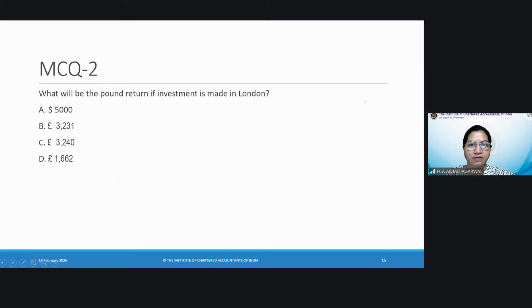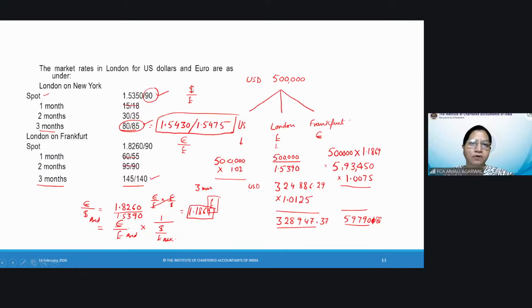Next, if we make the investment in London, so first convert the 500,000 USD into pounds. So you need to sell the dollars or buy the pounds. When you want to buy the pounds, ask rate would be applicable. So once again, 500,000 divided by 1.5390, 324,886, and then that will give us a return of 5% per annum, which makes it 1.25% for 3 months.